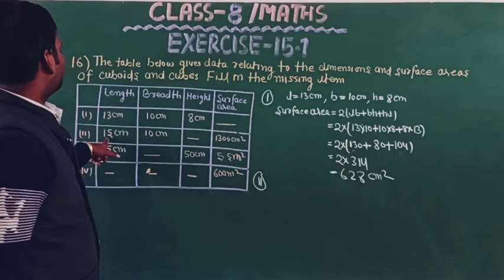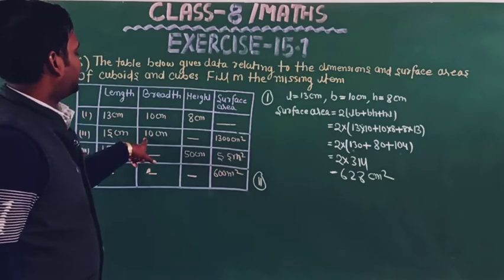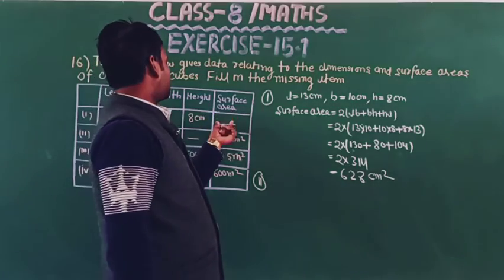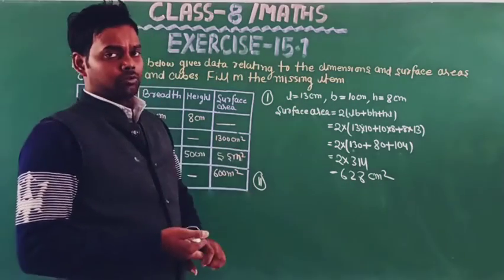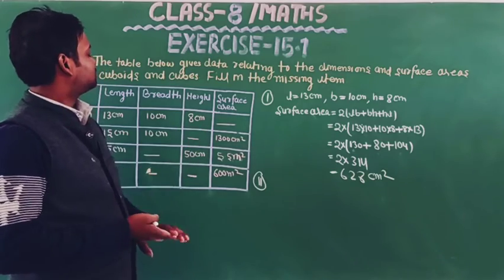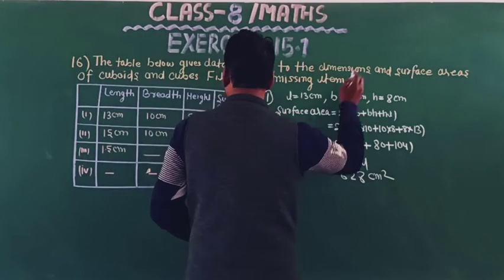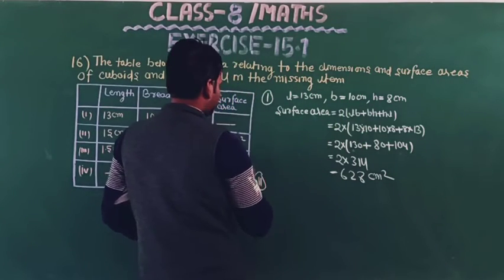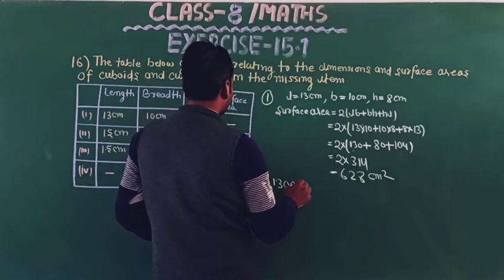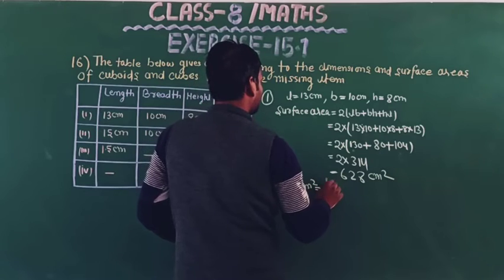Again move to the second part, that is length equals 15 centimeter, breadth equals 10, and the height is missing, whose total surface area is given as 1300 centimeter square. So we have to find the missing height of the cuboid.